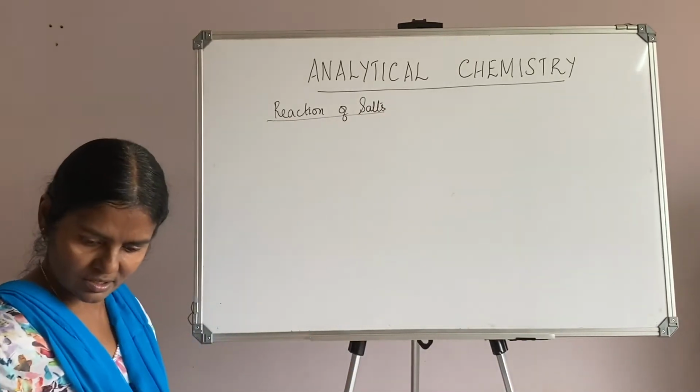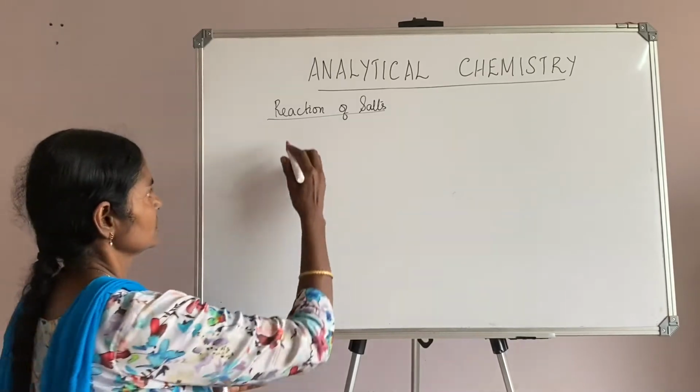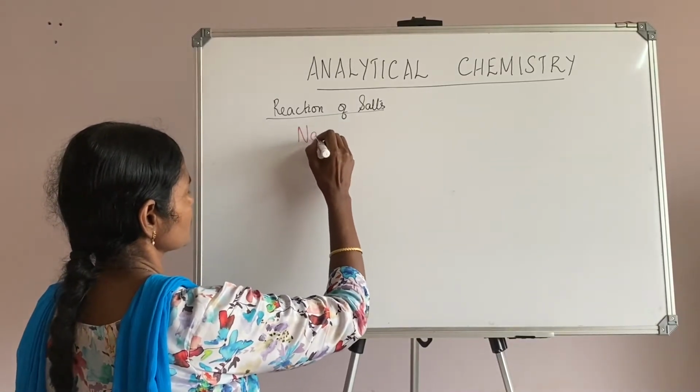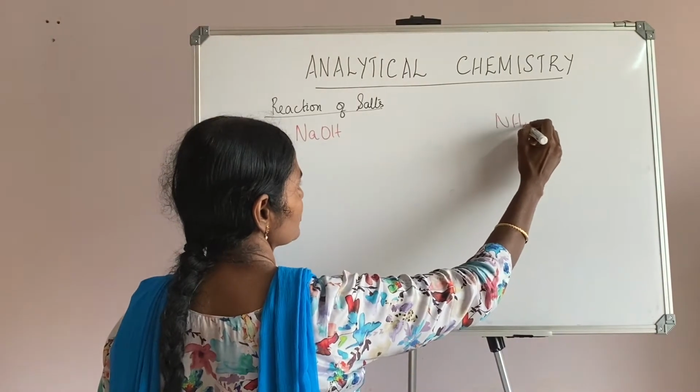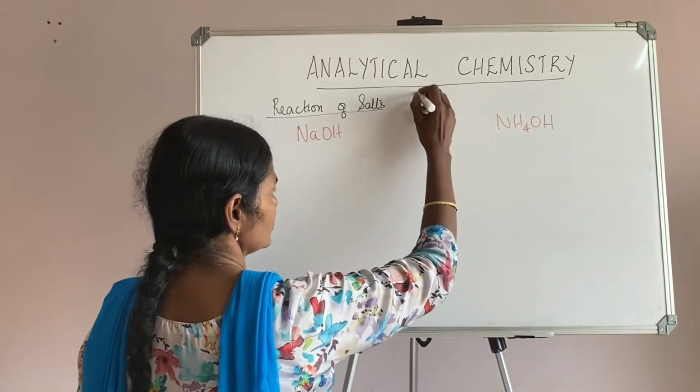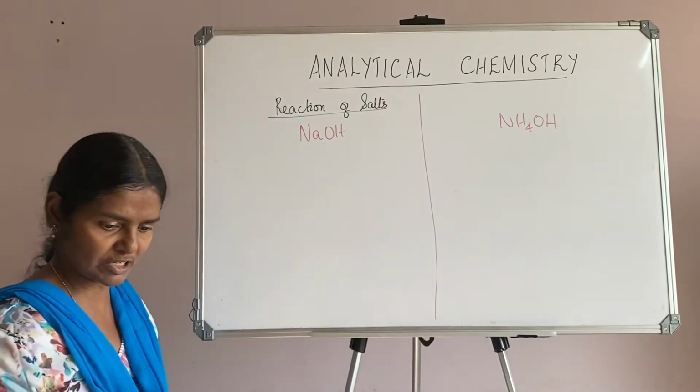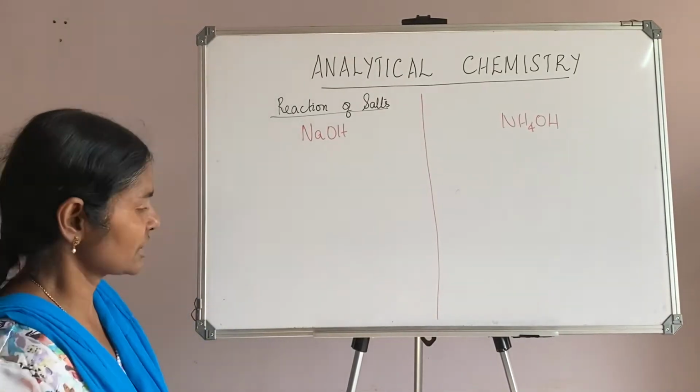One is NaOH or sodium hydroxide solution, and the other one is ammonium hydroxide solution. So both of them give different colored precipitates with different ions.